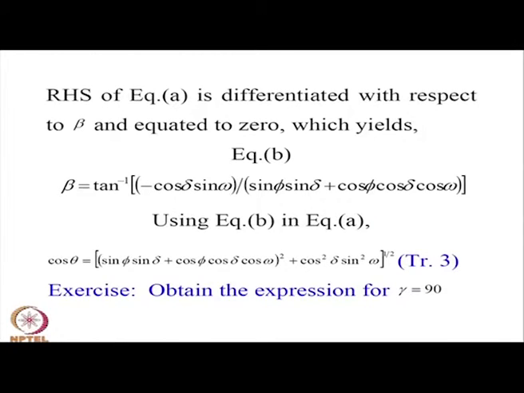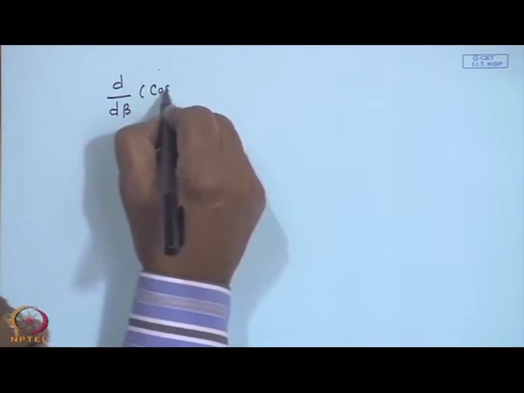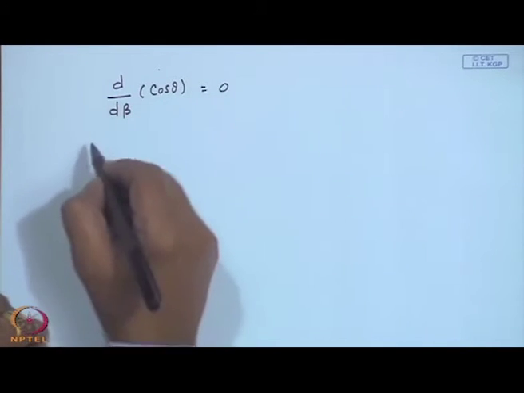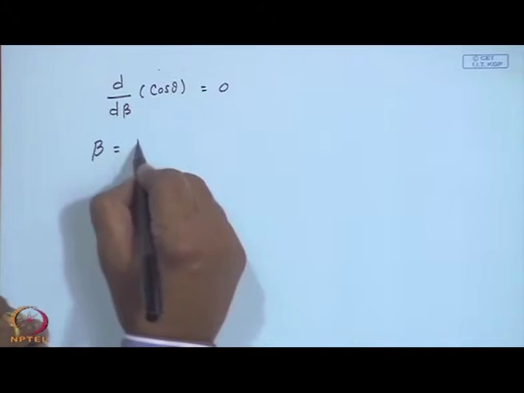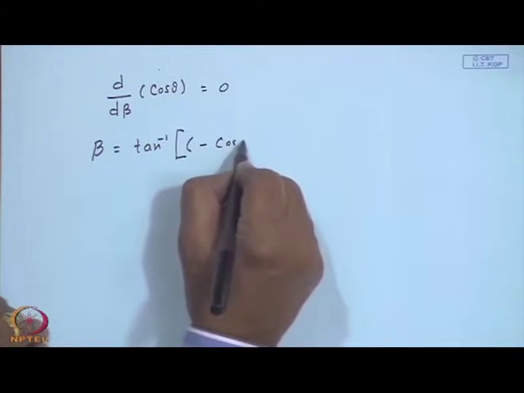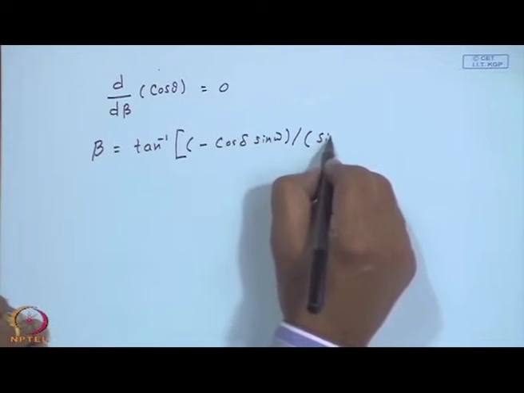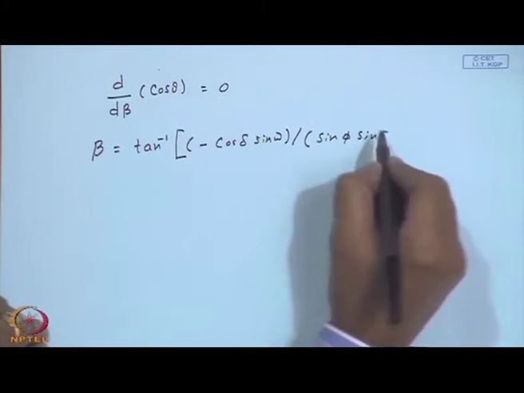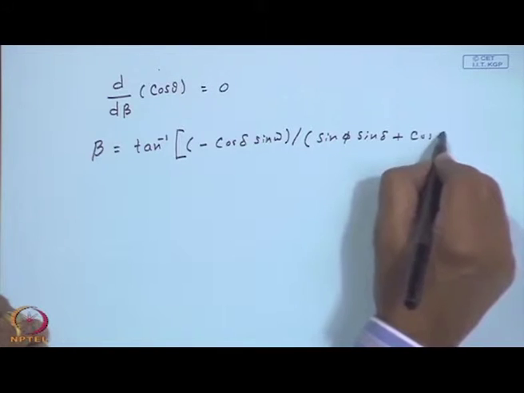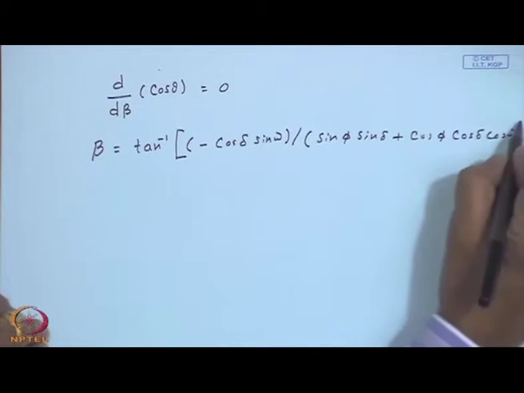To find this, we differentiate this with respect to beta and equate it to 0, and you will get the condition that beta should be tan inverse of minus cos delta sin omega upon sin phi sin delta plus cos phi cos delta cos omega, bracket closed, bracket closed.